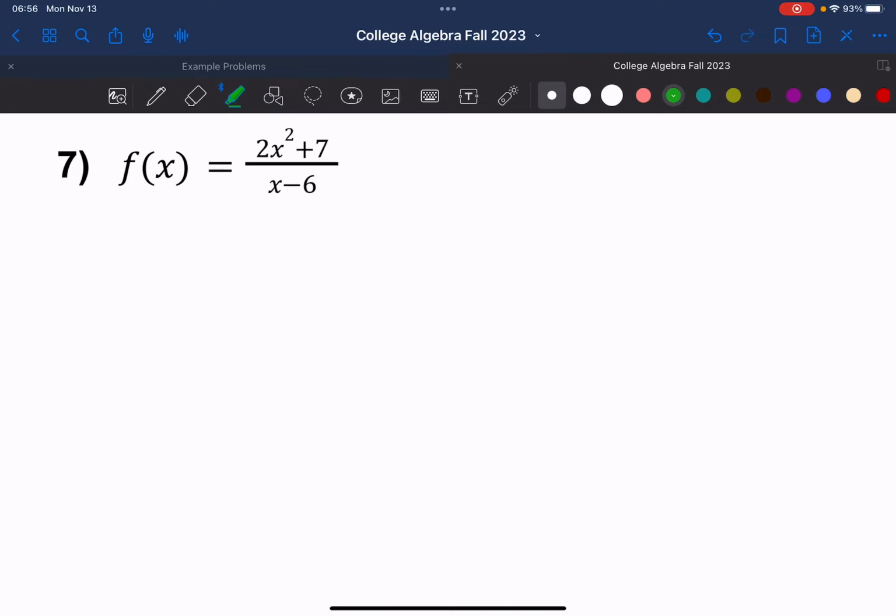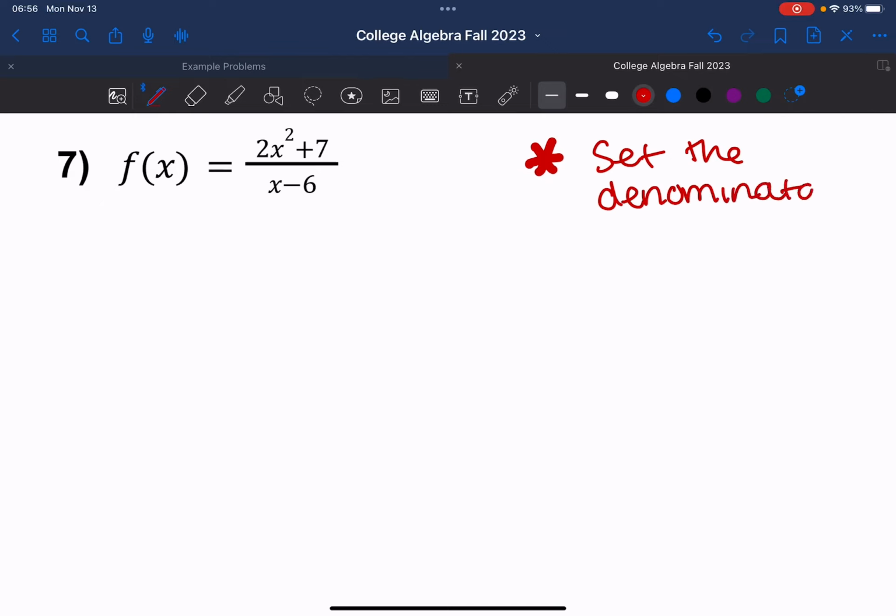In order to find the vertical asymptotes, all we do is we set the denominator equal to 0. So in this example, our denominator is that x minus 6.